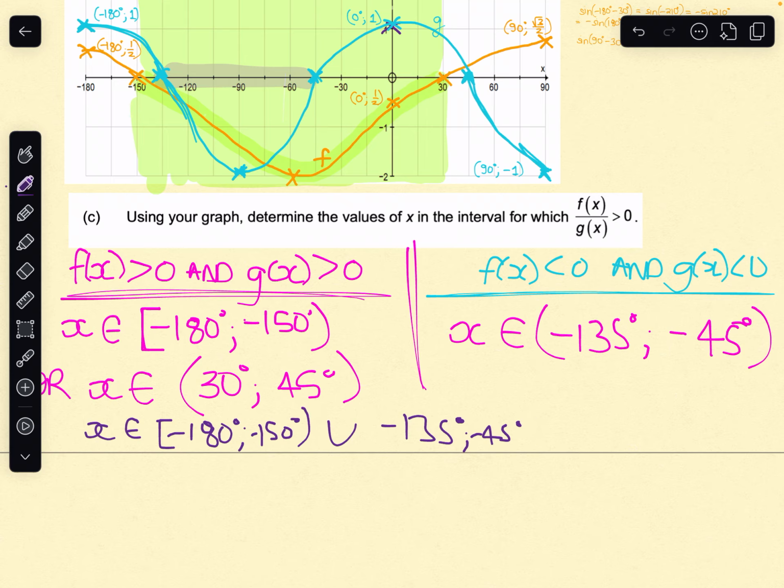Okay, union 30 up until 45. So that would be the nice proper way to write your answer. But of course you could write it this way, x is an element of this, or x is an element of this, or x is an element of that. That's also a valid way to write your solution.